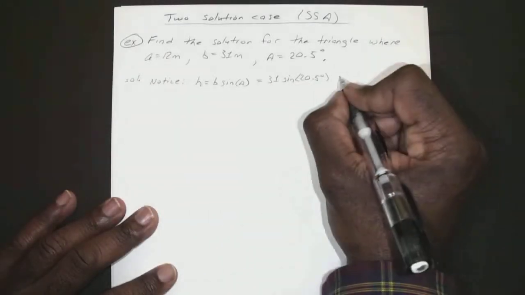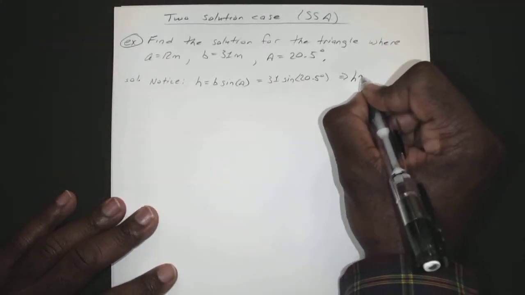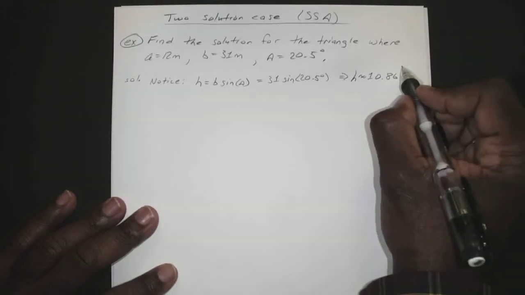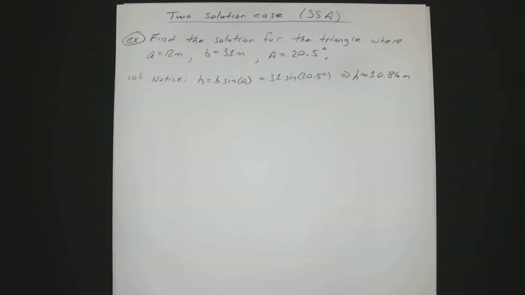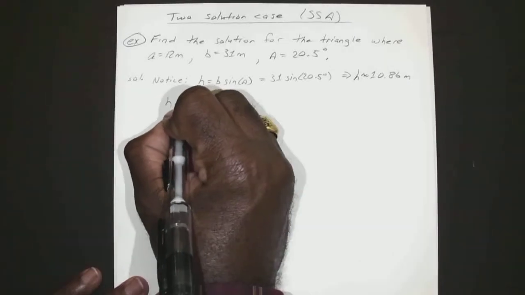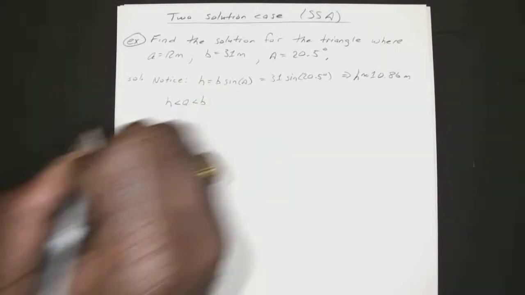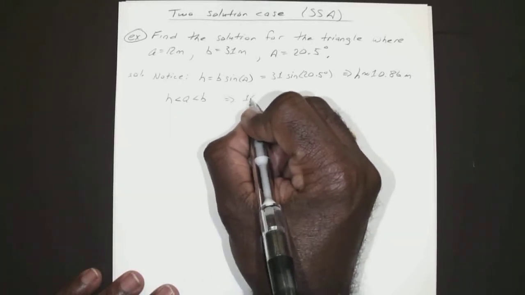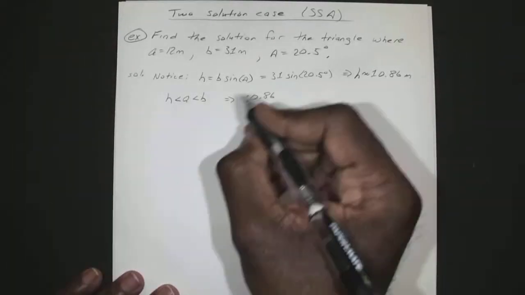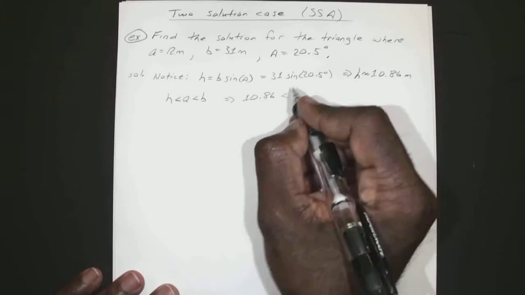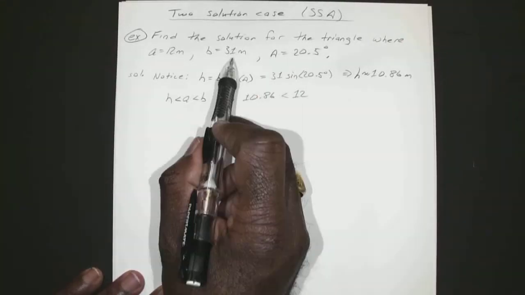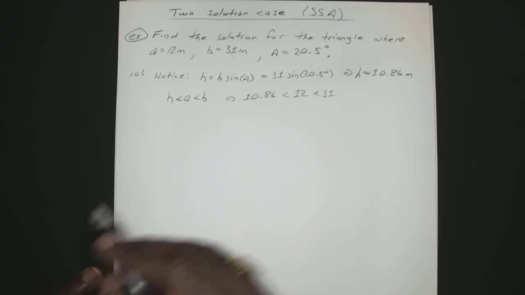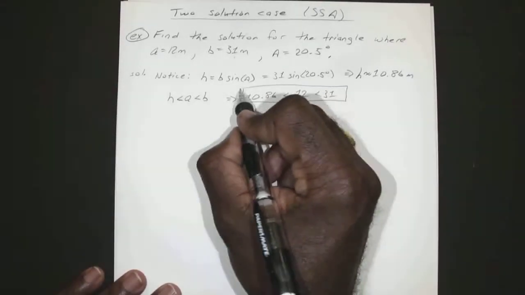So h is equal to about 10.86 meters. If h is less than A is less than B, that means 10.86 is less than 12 is less than 31. So that means you have two solutions.